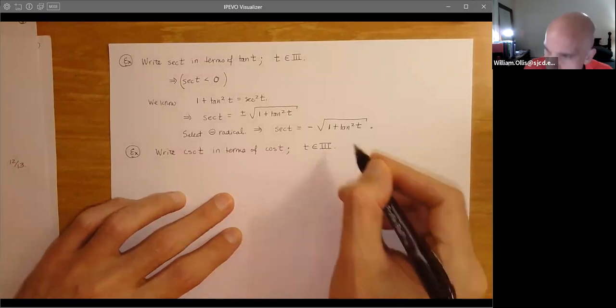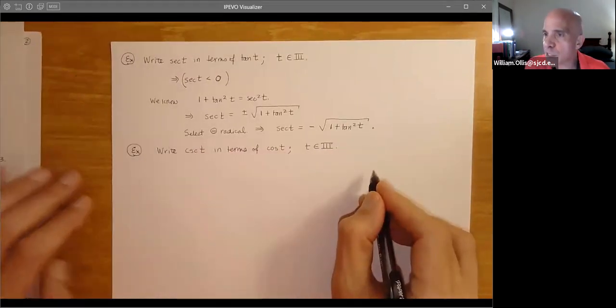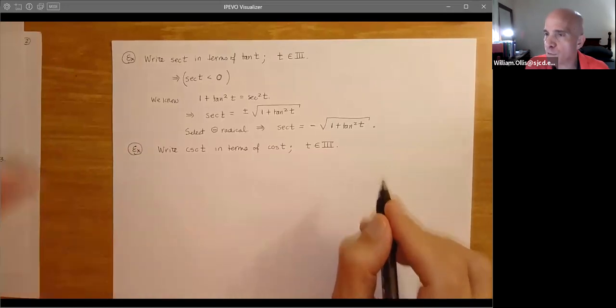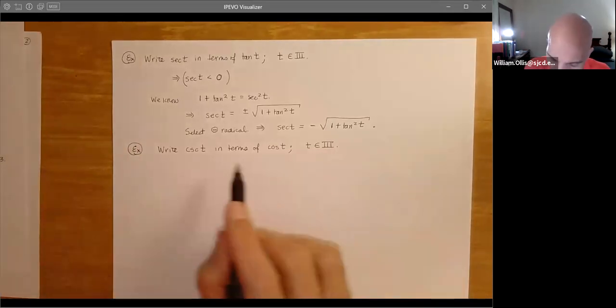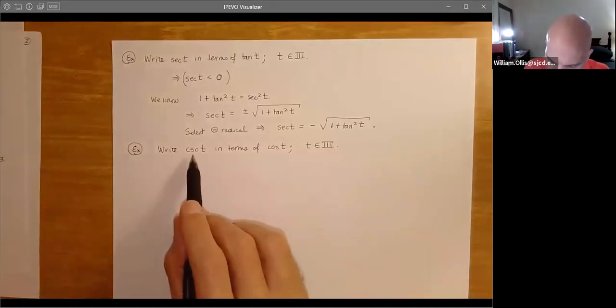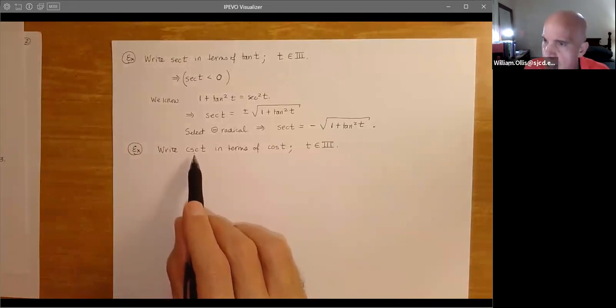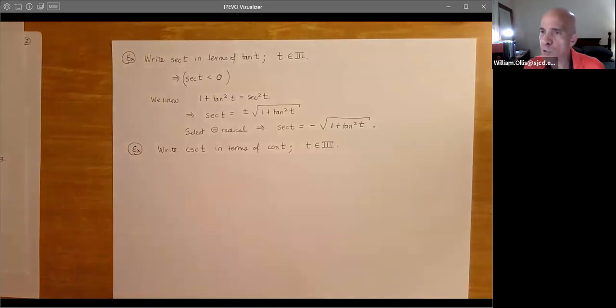You can just make up these problems and test yourself once you finish your WebAssign. So now we know that cosecant is 1 over sine, and then of course we have the Pythagorean identity that establishes the connection between sine and cosine.